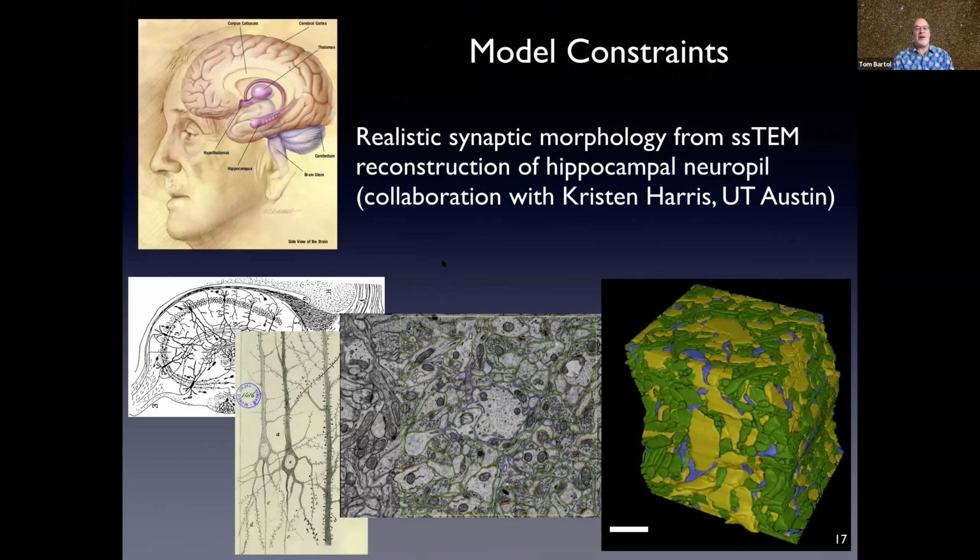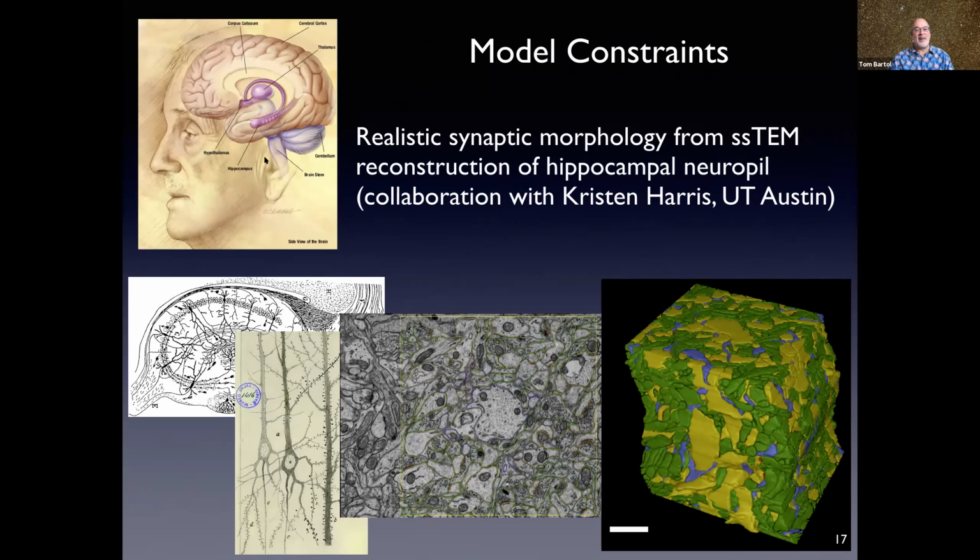So we're going to make a model of realistic synaptic structure in the area of the brain called hippocampus, area CA1 of hippocampus. And we created this 3D reconstruction in collaboration with Kristen Harris. And it's based on a serial section transmission electron microscopy reconstruction of hippocampal neuropil shown here in this picture.